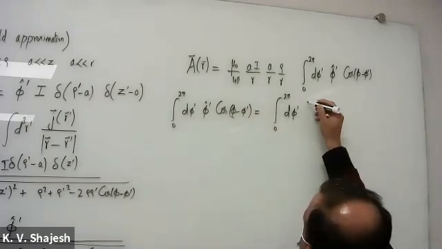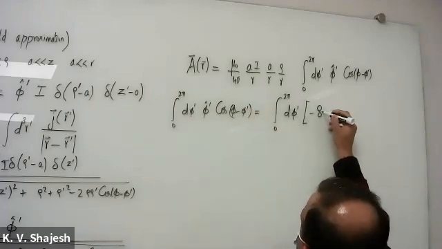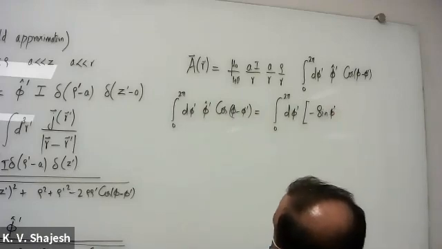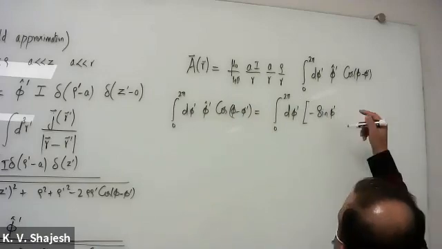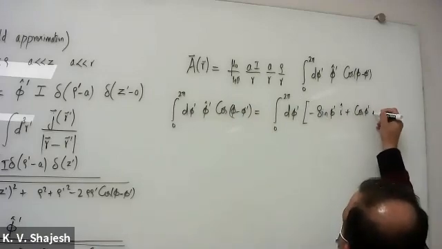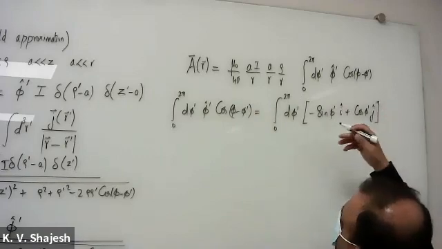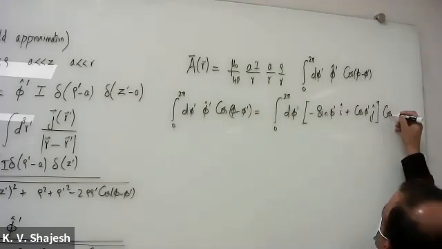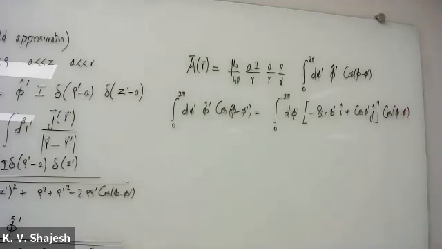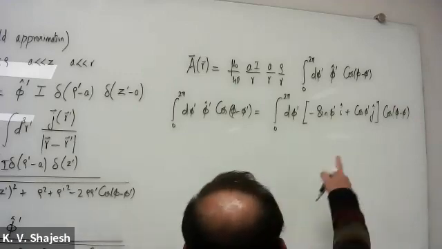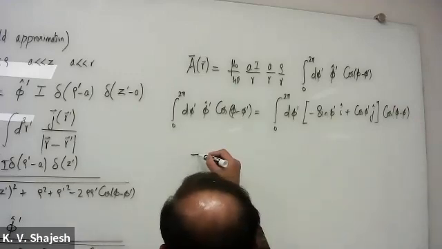Phi prime hat, remember, is minus sine phi prime in the I hat direction plus cosine phi prime in the j hat direction. There might be simpler, easier ways of doing this, but let's just do it bluntly without worrying about shortcuts.